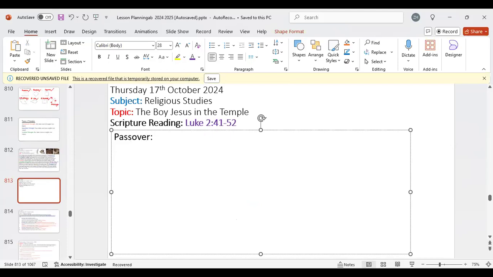All right, Passover, a Jewish religious festival. So it was the Passover festival that they were celebrating, and the Passover is a Jewish religious festival celebrated in remembrance of what?